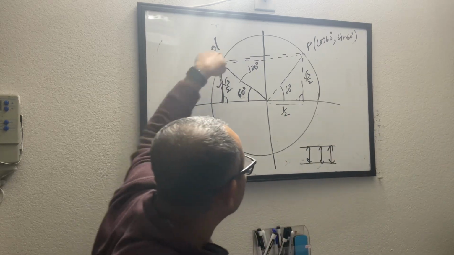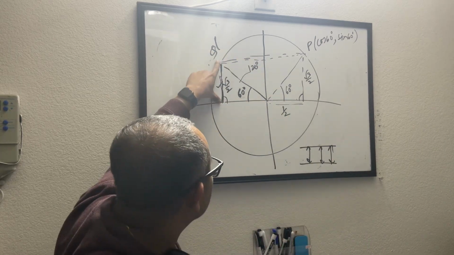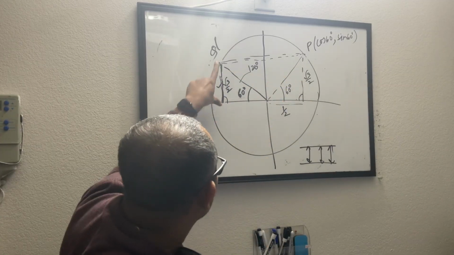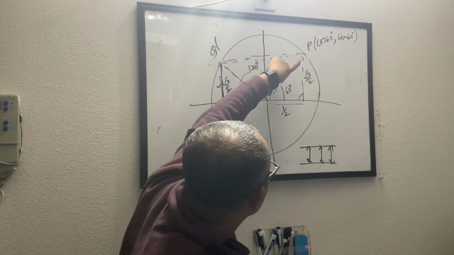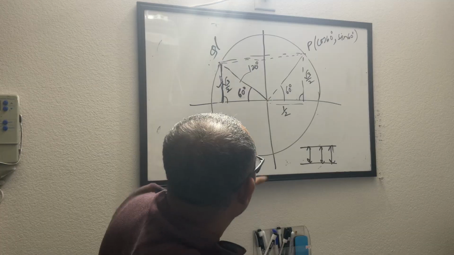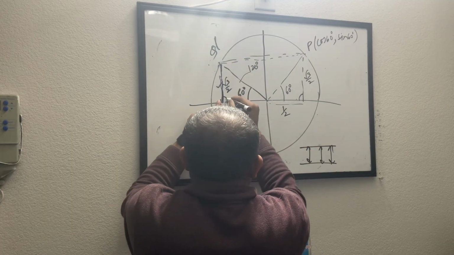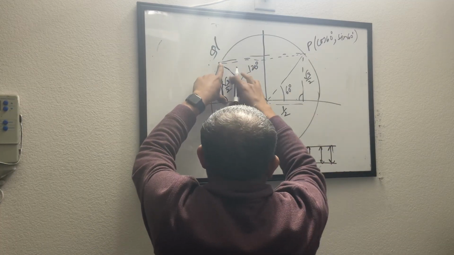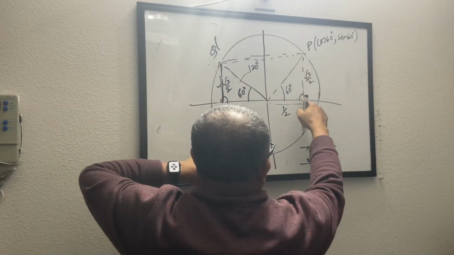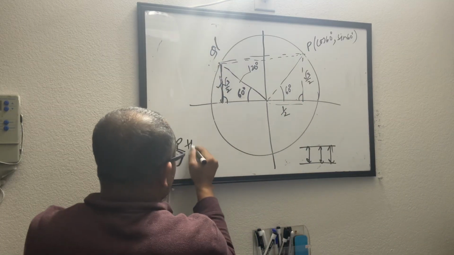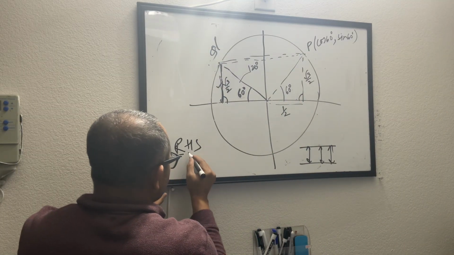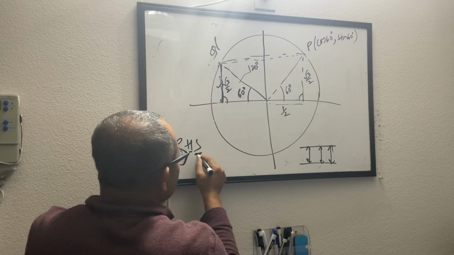So that's why we have drawn this line parallel to this line. So this distance and this distance are the same. If this distance is the same, this is the radius, and from here we have drawn a perpendicular again. So this is a right angle triangle, this is a right angle triangle, and they are congruent by theorem RHS. For two right angle triangles, if the hypotenuse and one of the sides match, they are congruent.